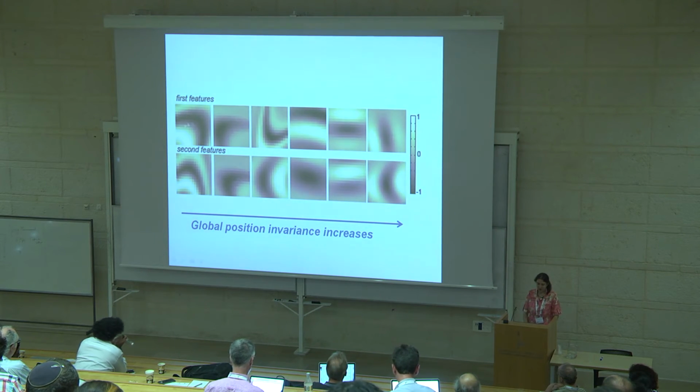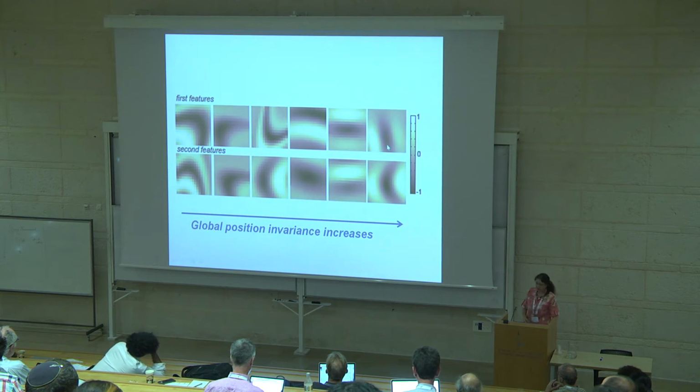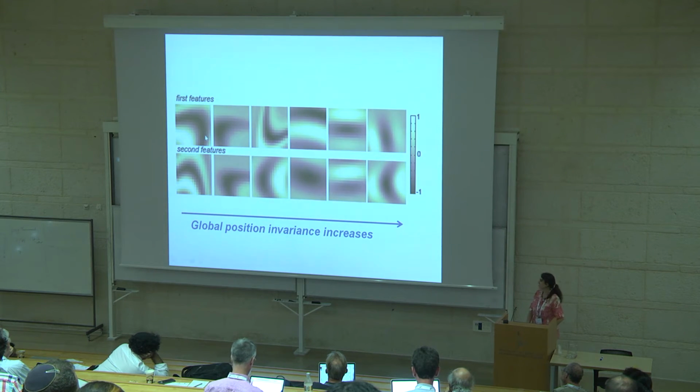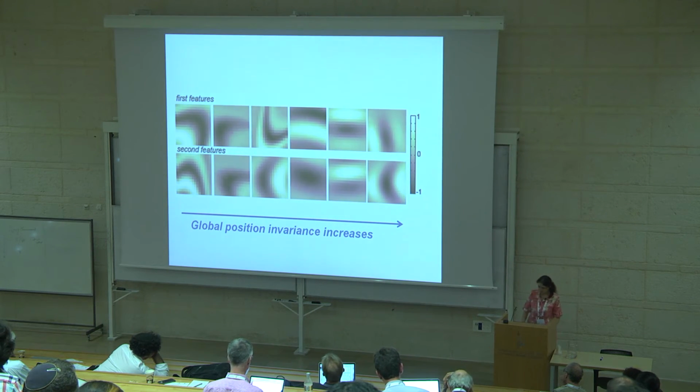So this one is more curved, and this one is more shallow. And now another part of the analysis comes out. It turns out that the range of the global position invariance correlates with how curved these features were. That is, the range of global position invariance increases from left to right.